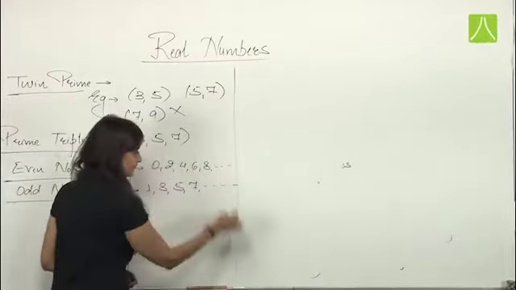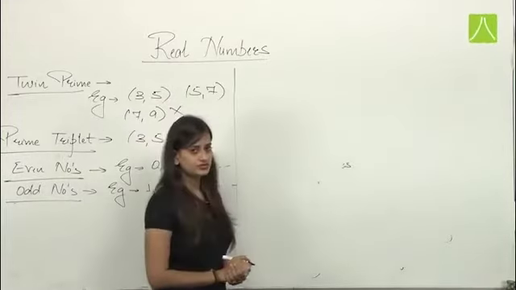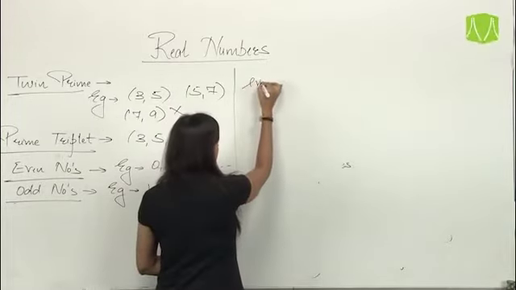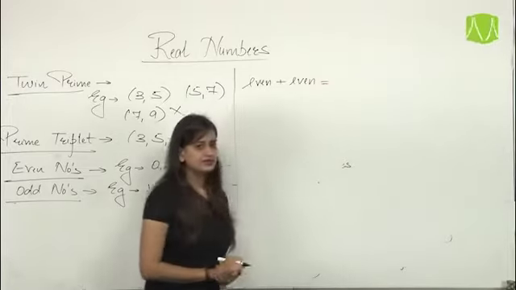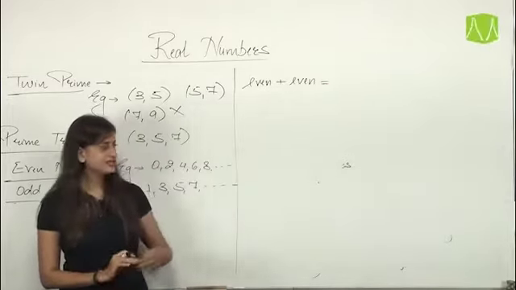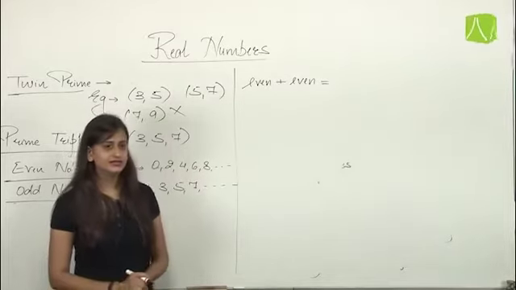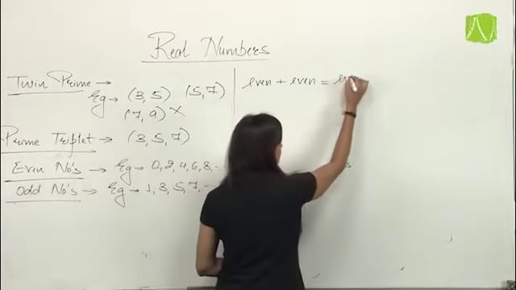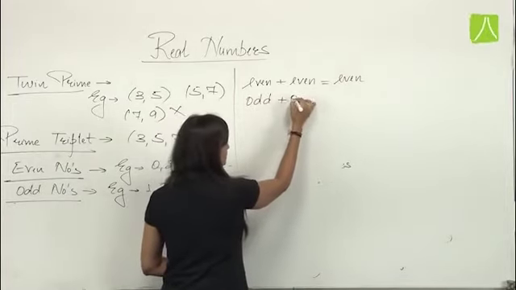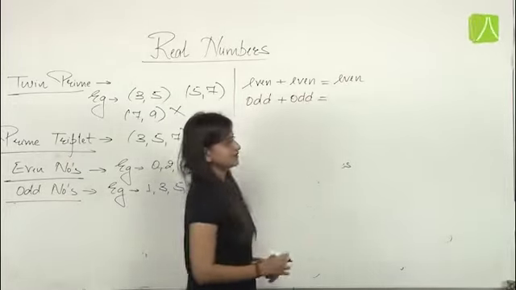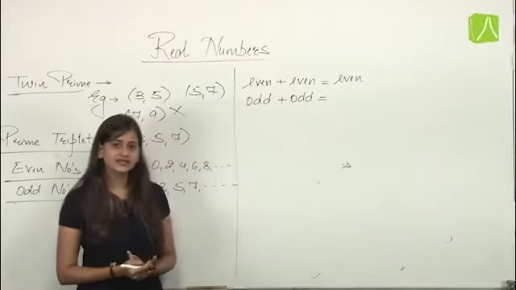We can say there is some relation between even and odd. When two even numbers are added, for example 2 and 4, we get 6. When two even numbers are added, we always get an even number. Similarly, when two odd numbers are added, for example 3 and 5, we get 8.